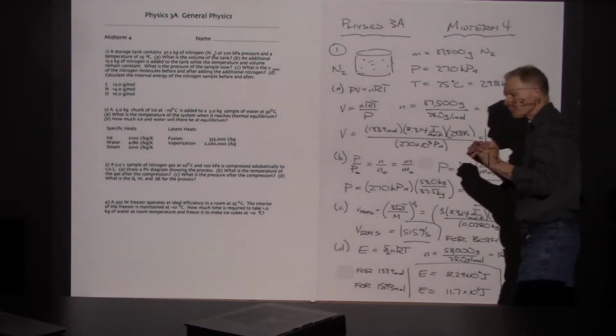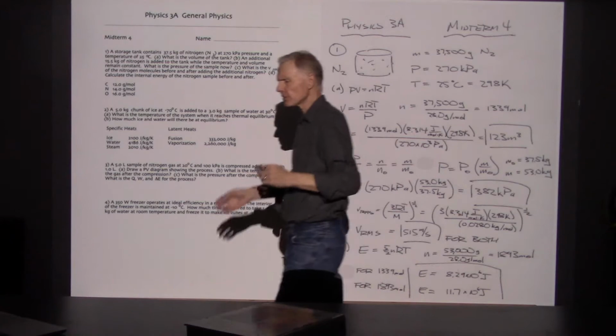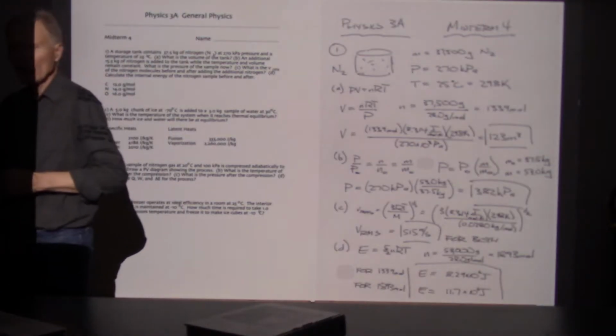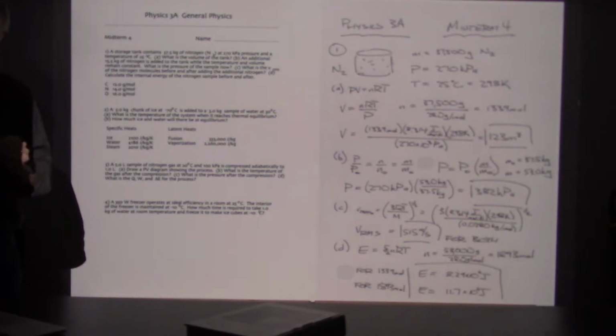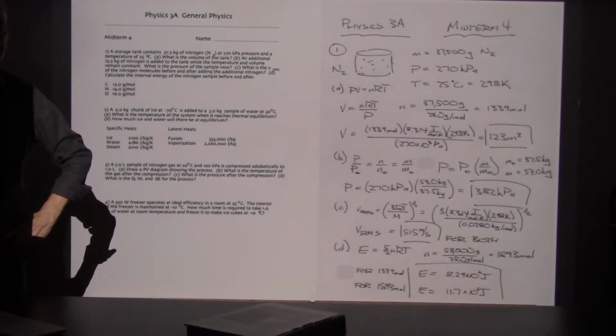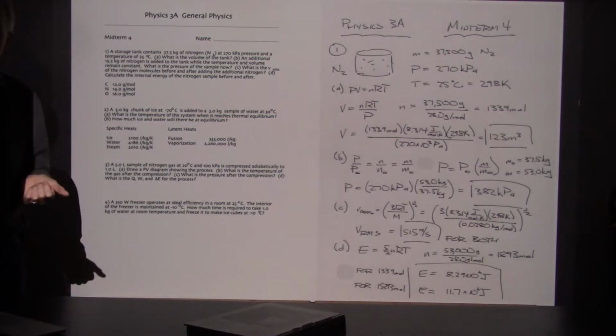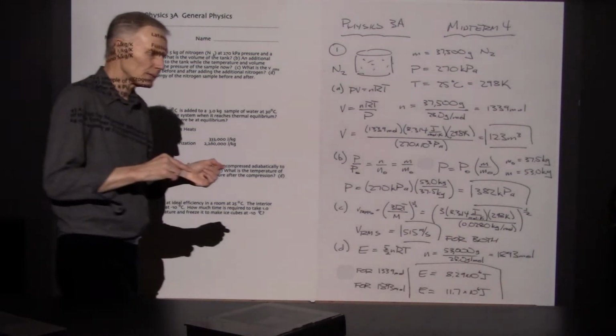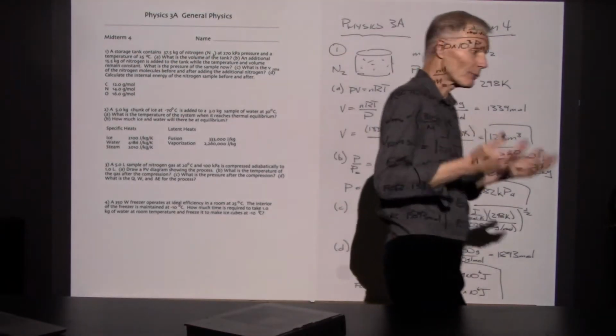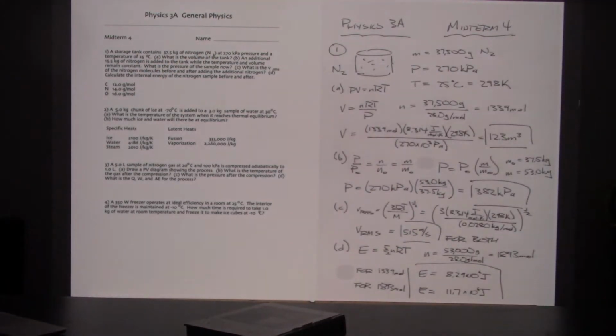Now, one detail, well, it's not just a detail, it's an important feature. When we talked about molecular speeds, remember, the VRMS speed will be different if it's a different isotope. Different isotopes have different numbers of neutrons.